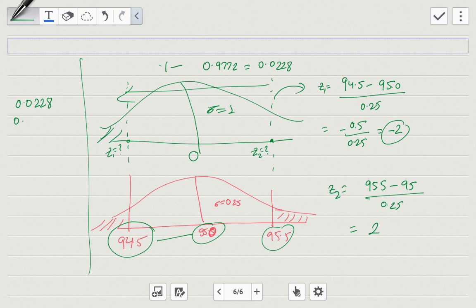So the total outside these limits is 0.0228 plus 0.0228, which comes out to be 0.0456, that is 4.56%.